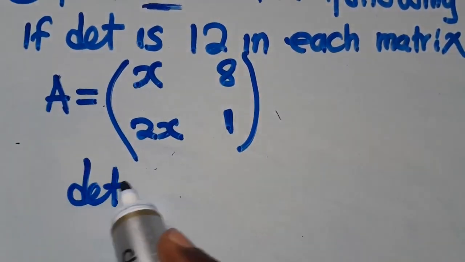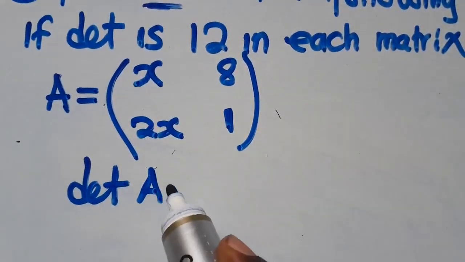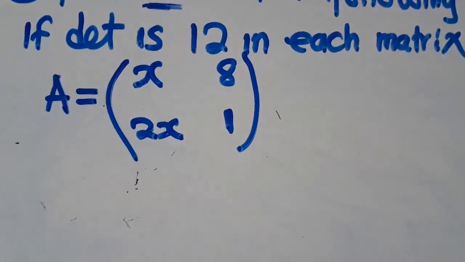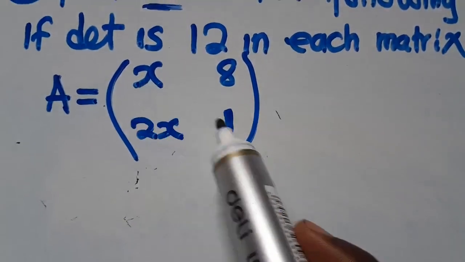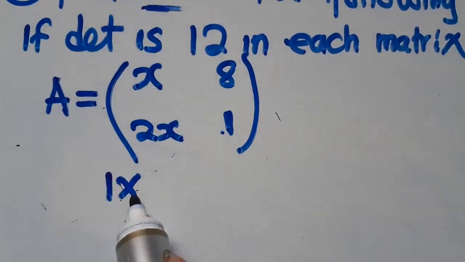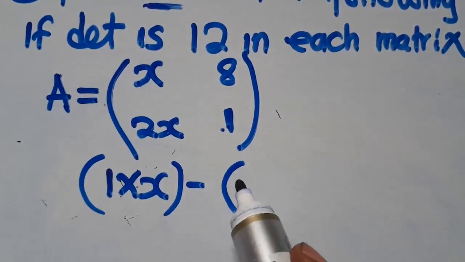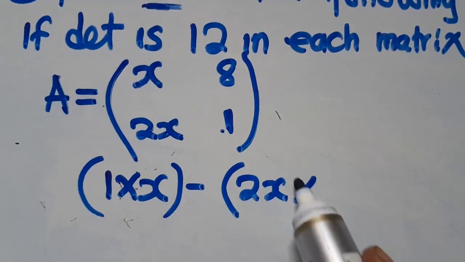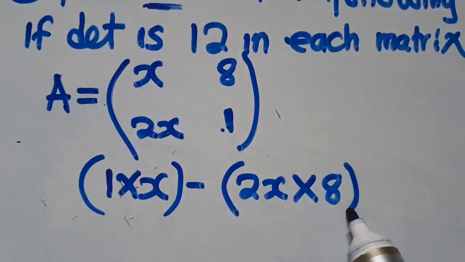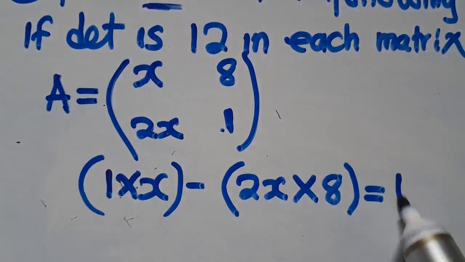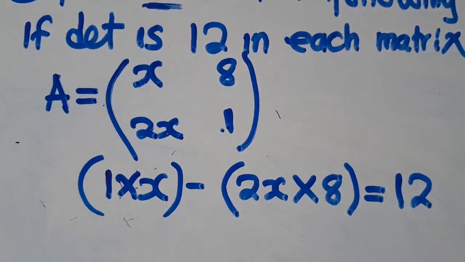Say determinant of A. You want to use this, this is a long cut. Major diagonal: 1 times x, minus 2x times 8, is equal to the determinant you are given, which is 12.